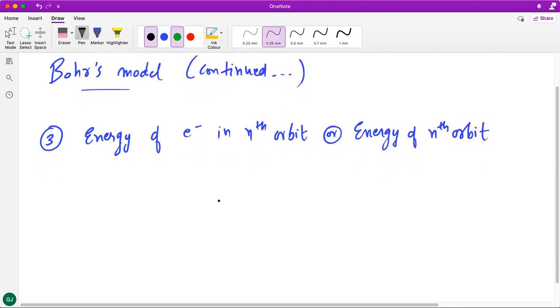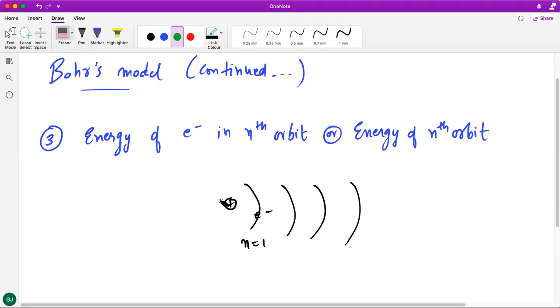Even in hydrogen atom, मैंने आपको starting में बताया था, naturally the electron will be present in the first orbit. That will be the natural or the ground state, we say. However, it does not mean that these other energy levels do not exist around the nucleus. They do, and the electron can excite or de-excite between them, right? So that's why we use this term energy of nth orbit also.